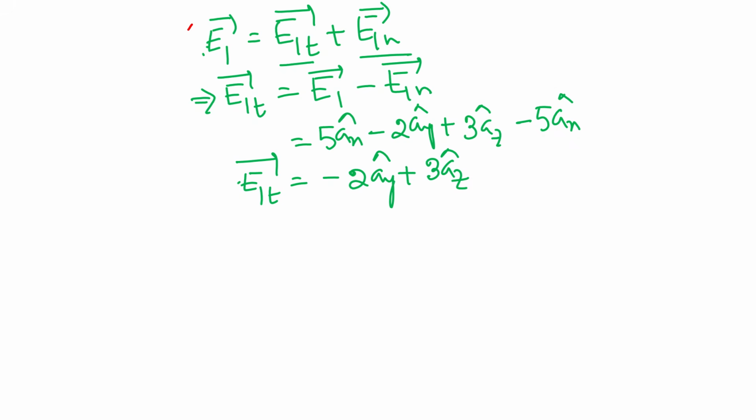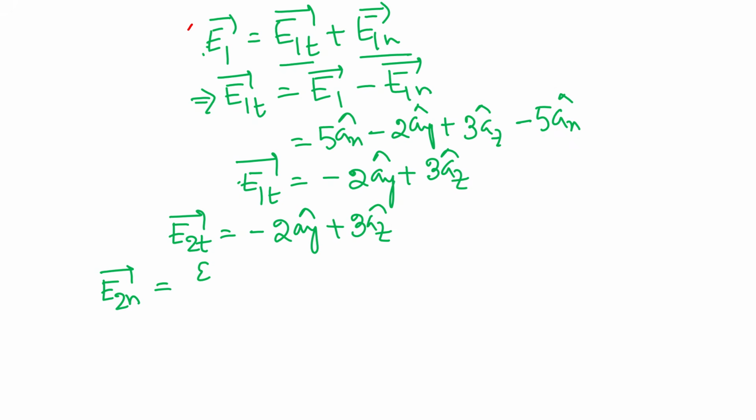Okay, so if E1t is this, then obviously E2t vector will be what? E2t vector will be the same, minus 2ay cap plus 3az cap. Then once we have calculated E2t, our next emphasis should be on calculating E2n vector. And in the previous example, we have already derived the relation that E2n vector is epsilon r1 by epsilon r2 into E1n vector.